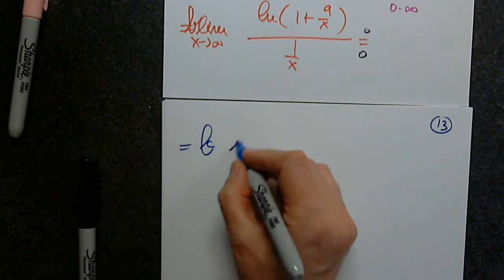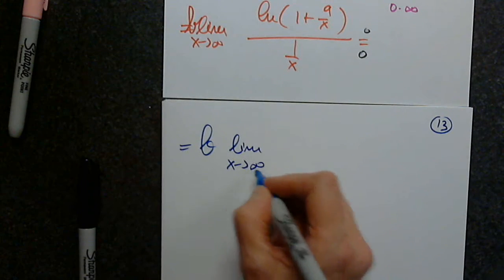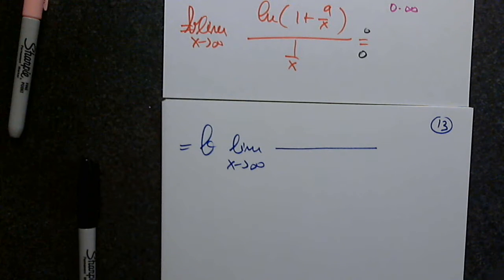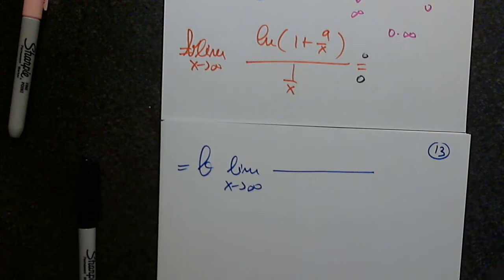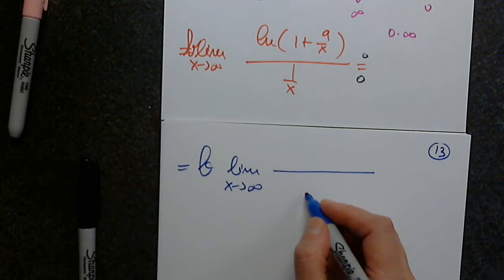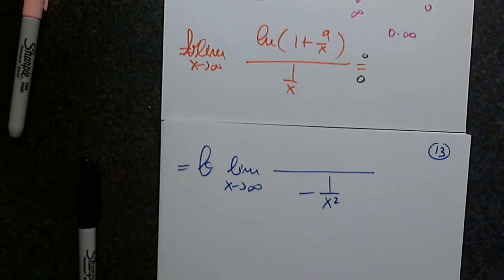So this is b. Limit as x approaches infinity. Since it's 0 over 0, let's differentiate the top and the denominator. The denominator is the easiest thing to do right away: 1 over x squared. Good. So let's differentiate the top now.